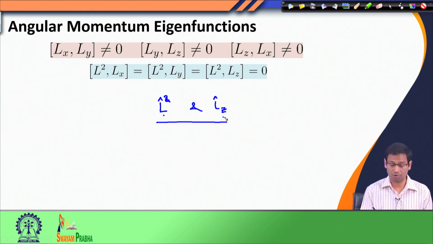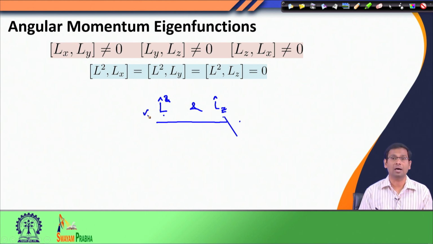These eigenfunctions, however, are not going to be eigenfunctions of the Lx and Ly operators. Why? Because since they are Lz eigenfunctions, they cannot be eigenfunctions of the Lx and Ly operators, because Lx and Ly do not commute with each other.